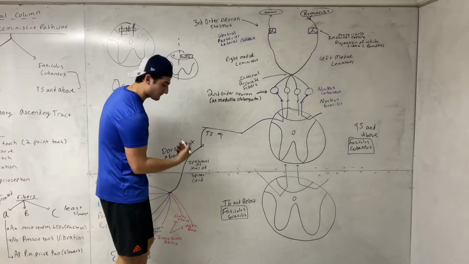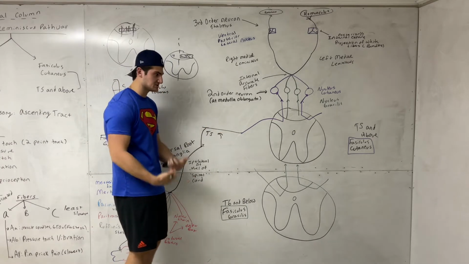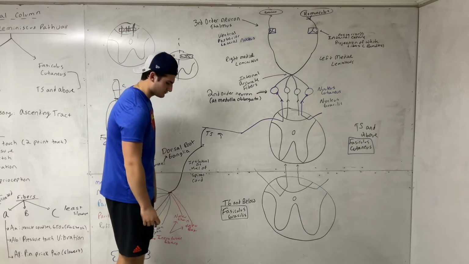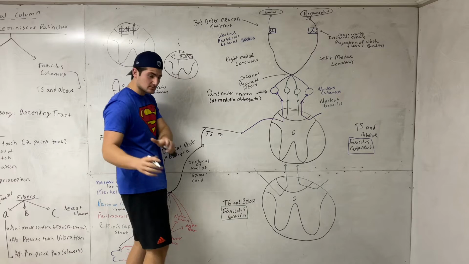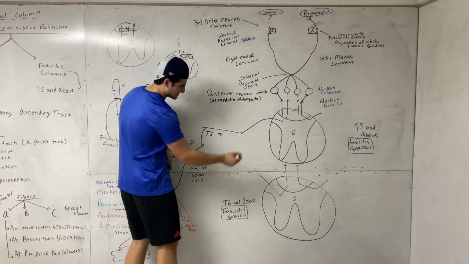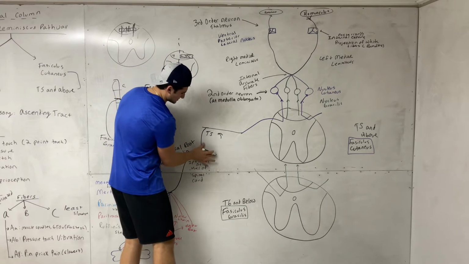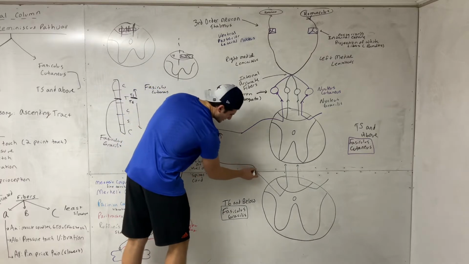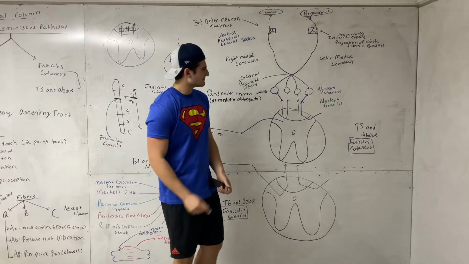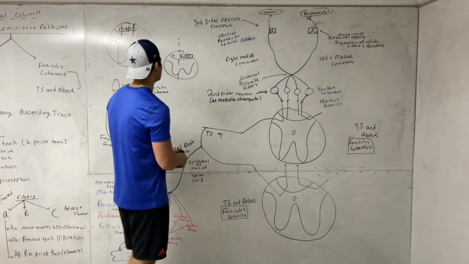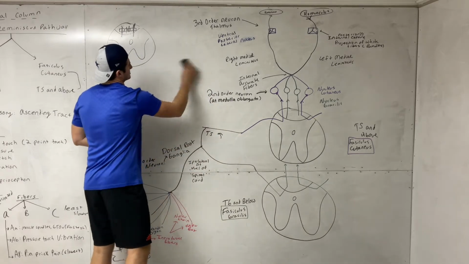Now, if we're coming from T6 and below, where's he going to be from? Legs, you know, who knows? Whatever the sensation, wherever it comes from, lower side, going fasciculus gracilis. So he's going down here. However, what did we say? As you ascend the spinal column, what occurs?